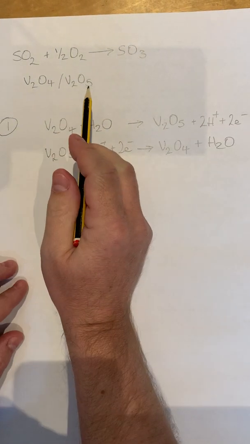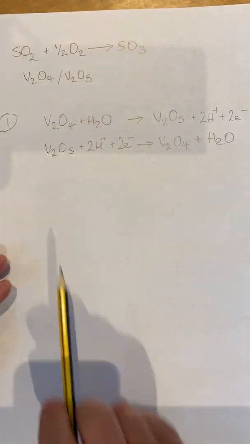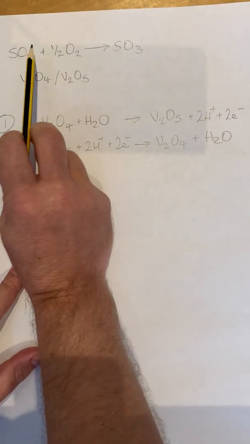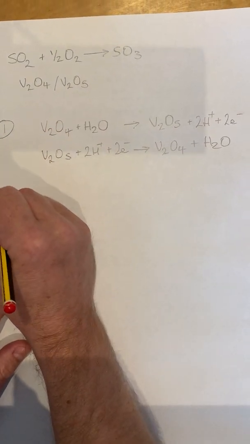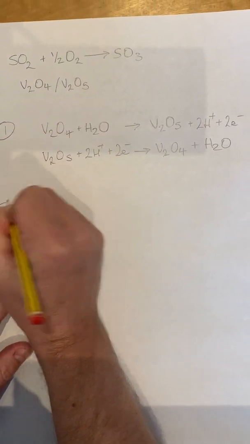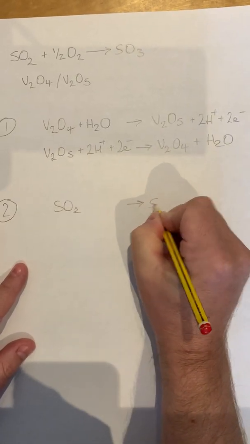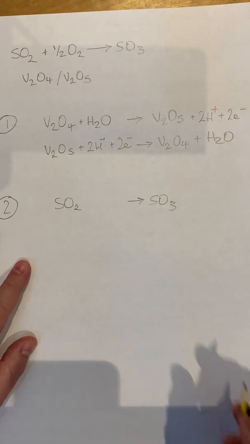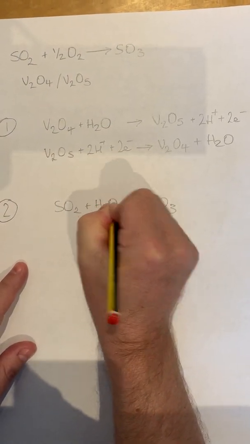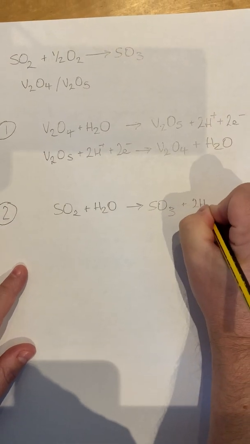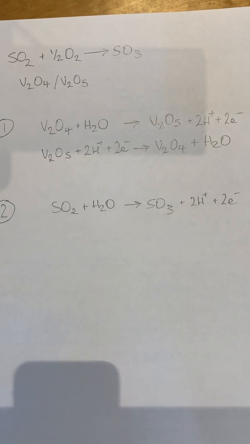Now, what we need to do now is do redox reactions converting species in the actual equation. Now we can see we can easily do one for sulfur dioxide converting into sulfur trioxide. So SO2 gets converted into SO3. We need an extra oxygen on this side, so H2O plus 2H plus 2 electrons.